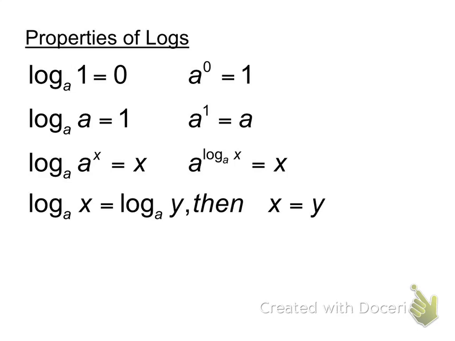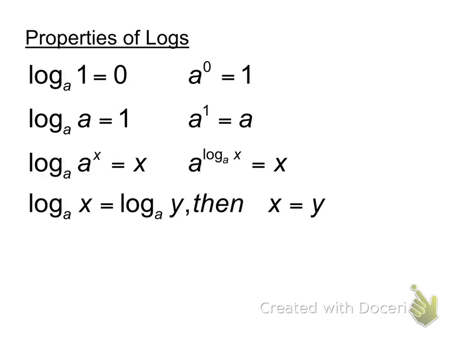Log base a of 1 equals 0 is the same as, in exponential form, saying a to the 0 power equals 1. Log base a of a equals 1 is the same as, in exponential form, a to the first power equals a. Log base a of a to the x equals x is the same as a raised to log base a of x equals x.